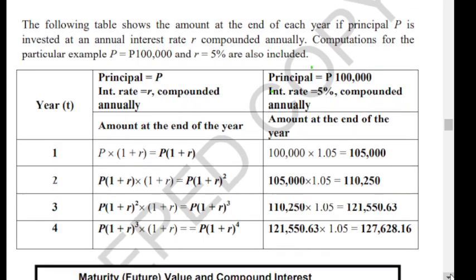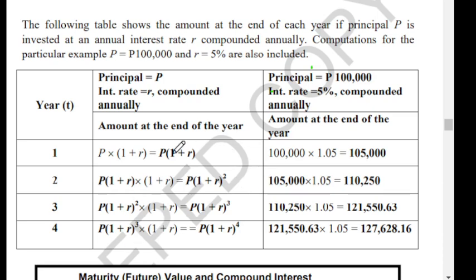So computations for the particular example, we have a principal of 100,000 pesos and R equals 5% are also included. So for year 1, we have principal P with interest rate R compounded annually. In this column, we have the given principal, which is 100,000, and then the interest rate is 5% compounded annually.